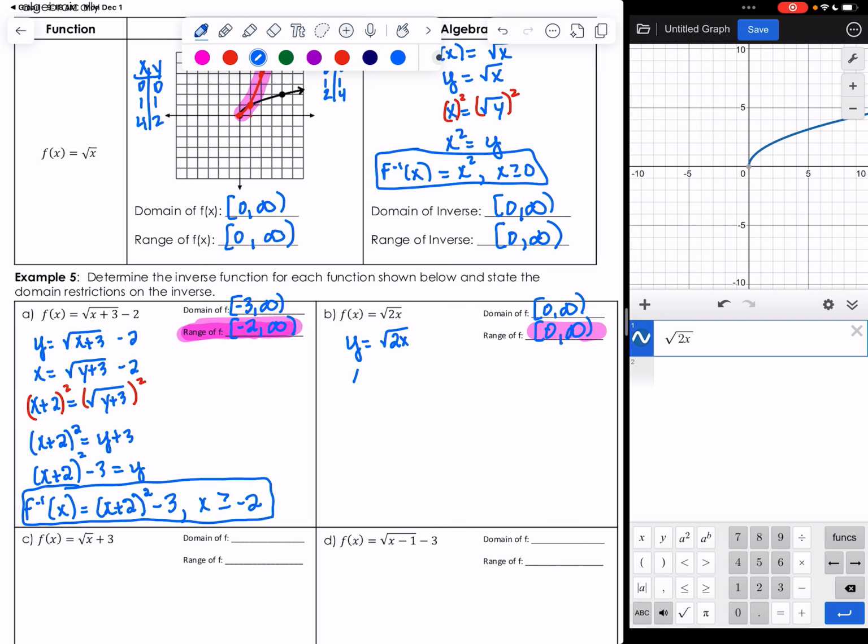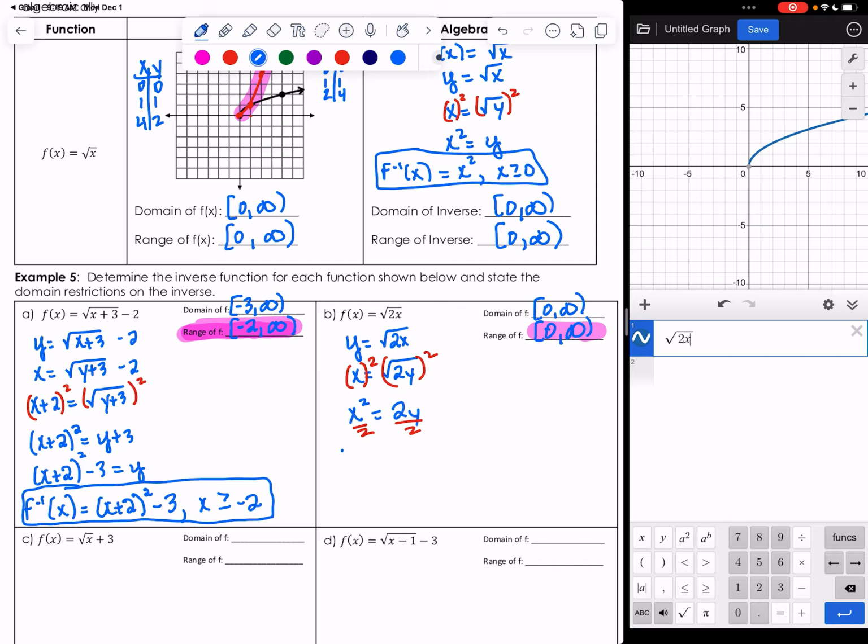All right, so let's replace the f of x with y equals. Then switch the x and y, so x equals square root of 2y. Square both sides, and you're going to get x squared is equal to 2y. Now divide both sides by 2.